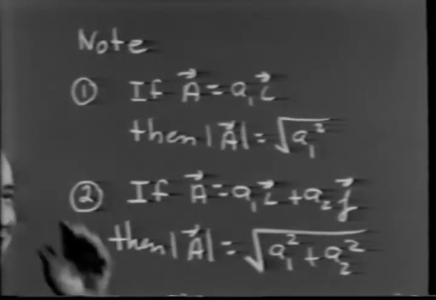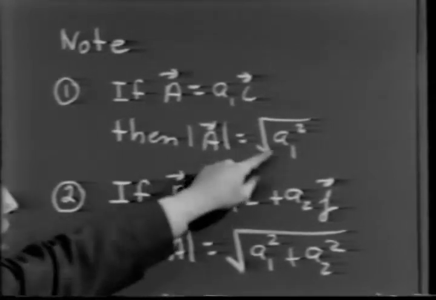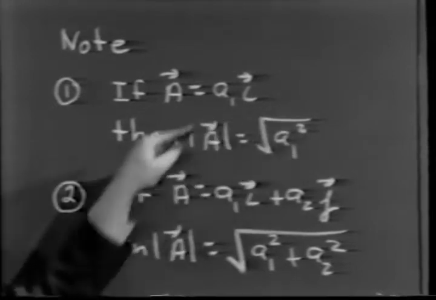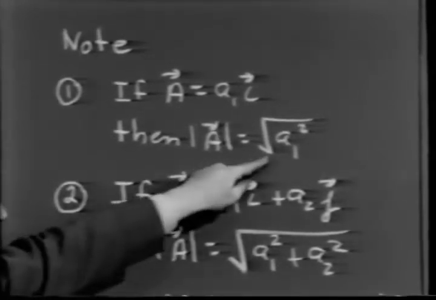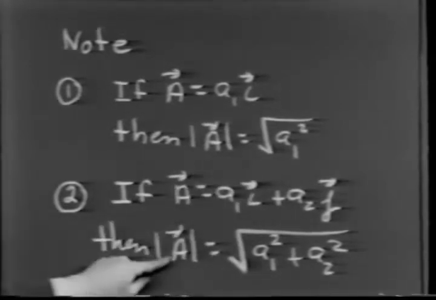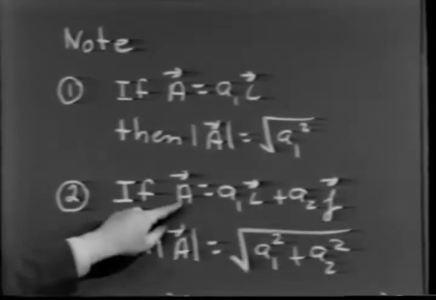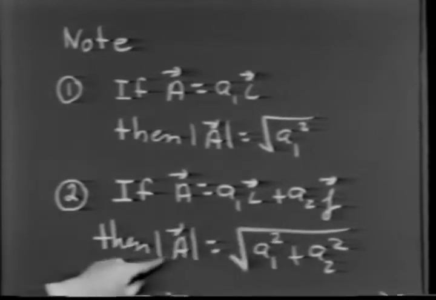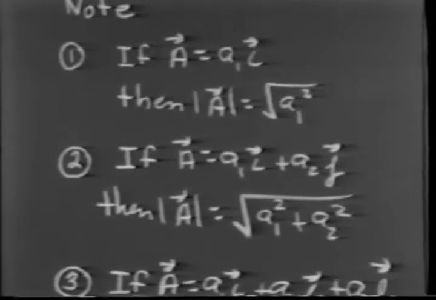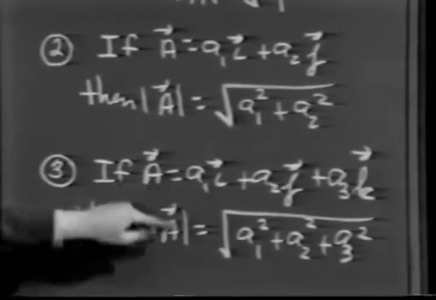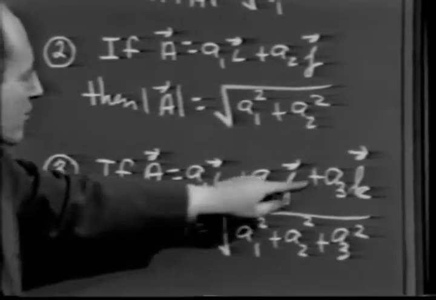And notice again, in terms of adding vectors, head to tail, as a vector, this would be the vector A1 i, this would be the vector A2 j, and this would be the vector A3 k. In other words, the vector A is the sum of the three vectors A1 i, A2 j, and A3 k.